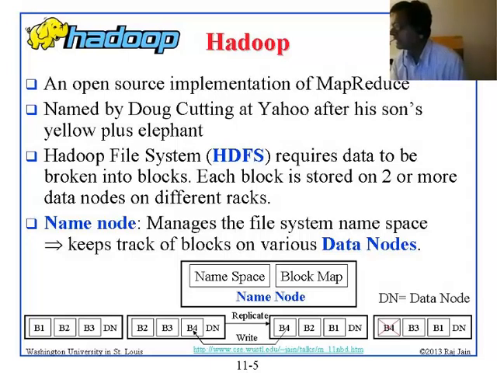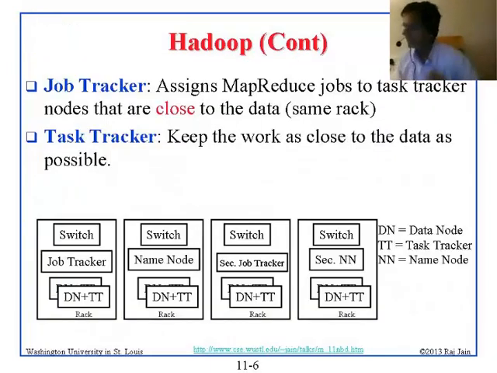Now the same thing needs to be done for the jobs, for the compute. We need a master and we need lots of slaves. The master is called job tracker, and the slaves are called task trackers. So there are thousands of task trackers and one job tracker.